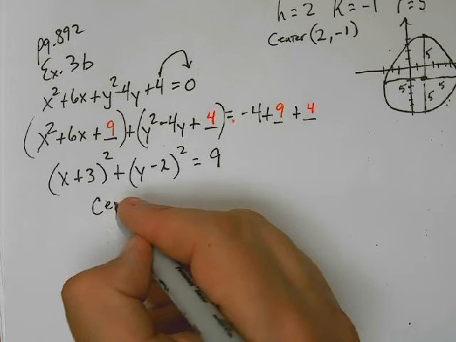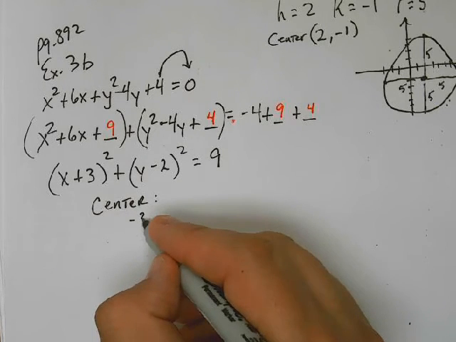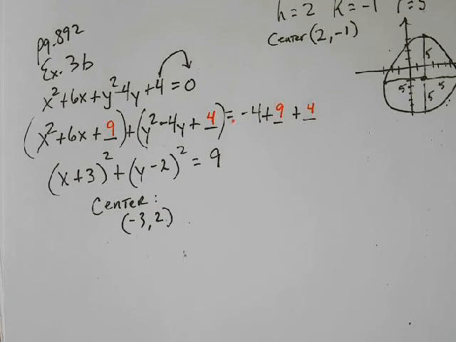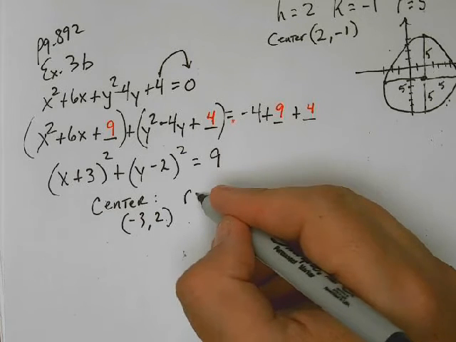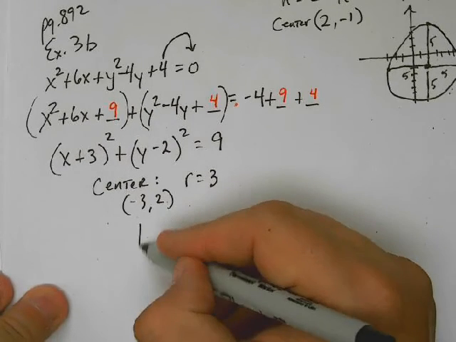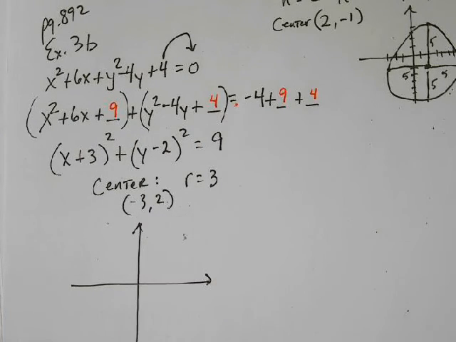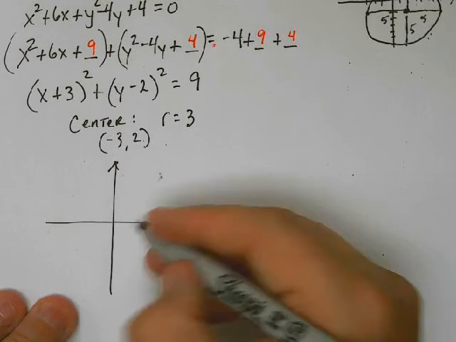My center. Be careful with this. -3, positive 2. That's my h and my k. My radius, R is equal to 3. All right, let's graph. We'll make a crude graph. -3, 2.